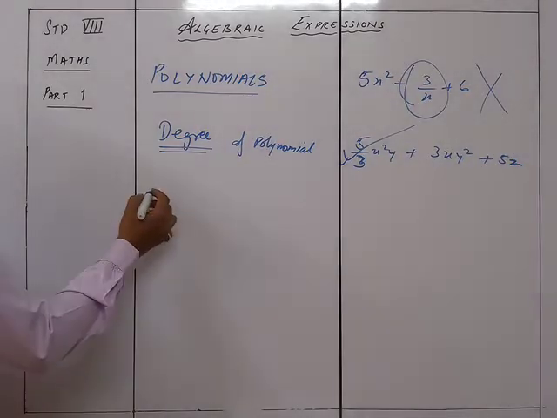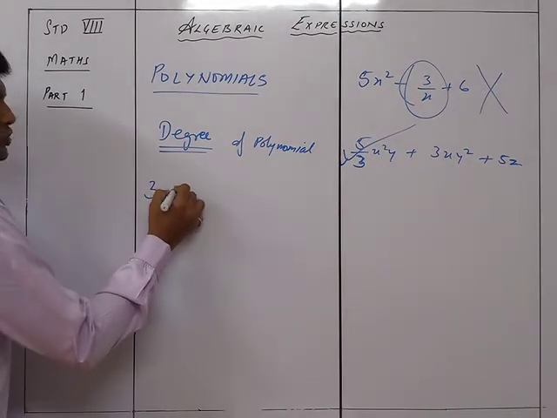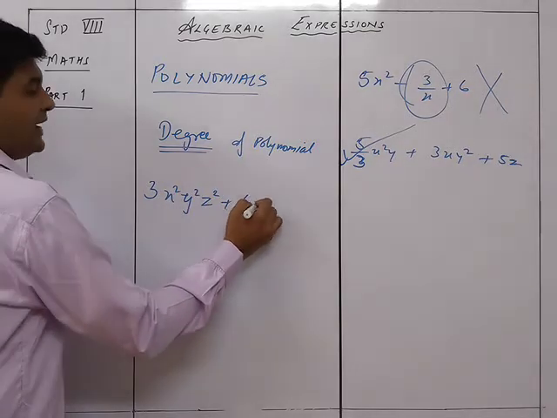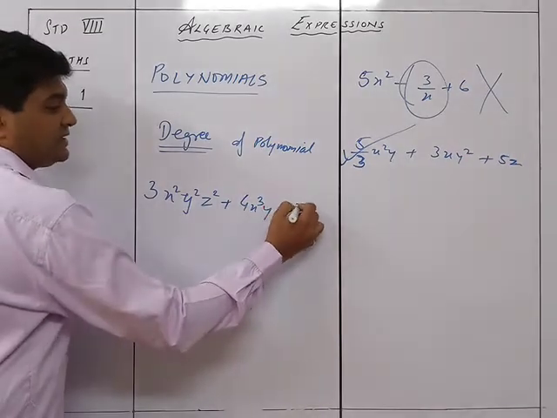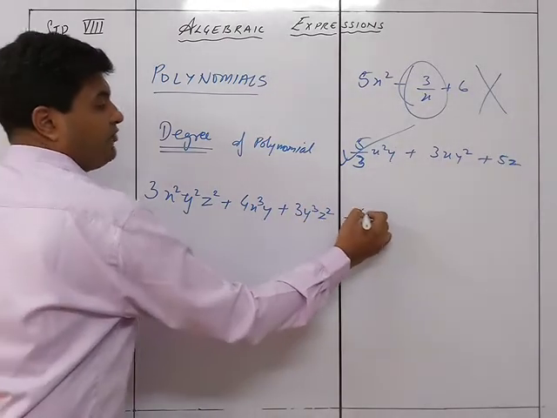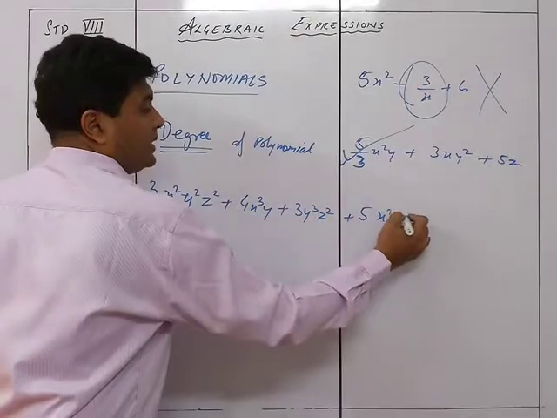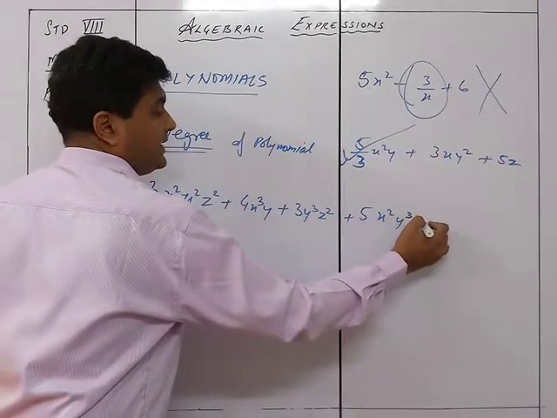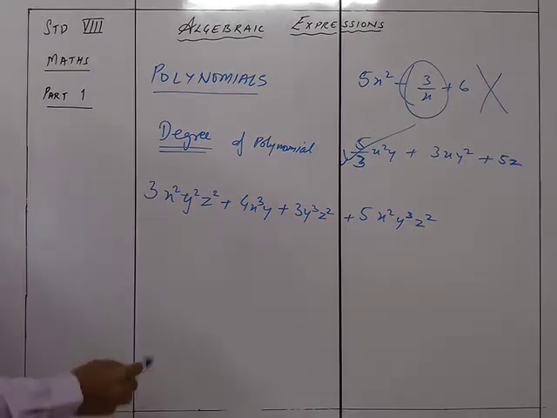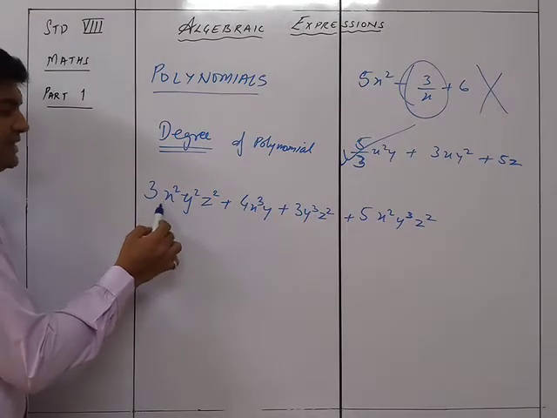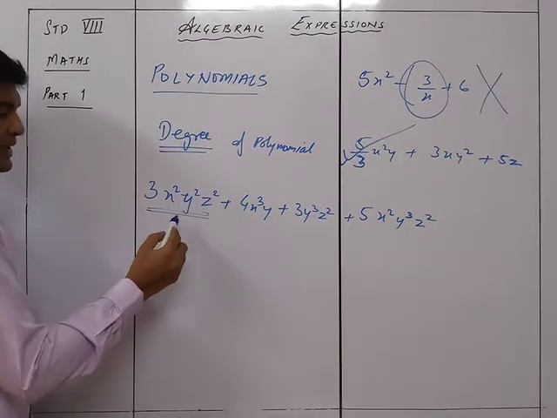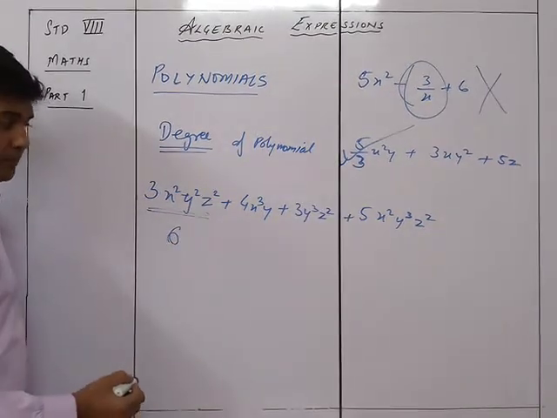Suppose I take 3x square y square z square plus 4x cube y plus 3y cube z square plus 5x square y cube z square. You can see how many variables are in this term. There are 2x, 2y and 2z. That means 6 variables are here.